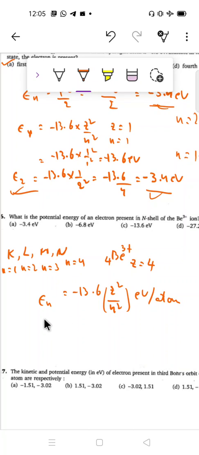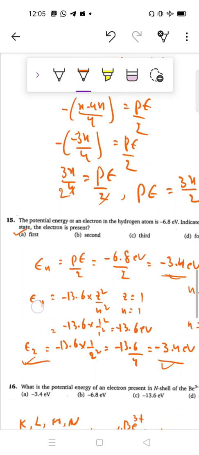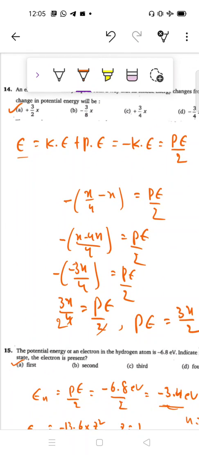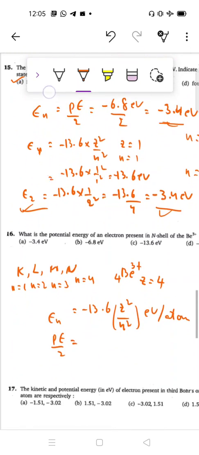We know from here that energy En is equal to potential energy by 2. Let us use it here.